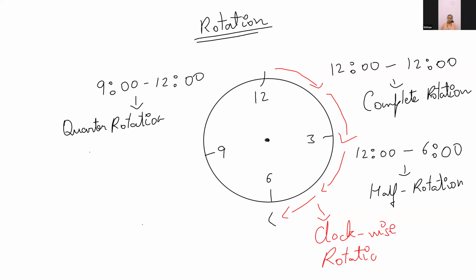But if I'm going from 12 to 9 to 6 to 3 to 12, in this way, this is known as anti-clockwise rotation.